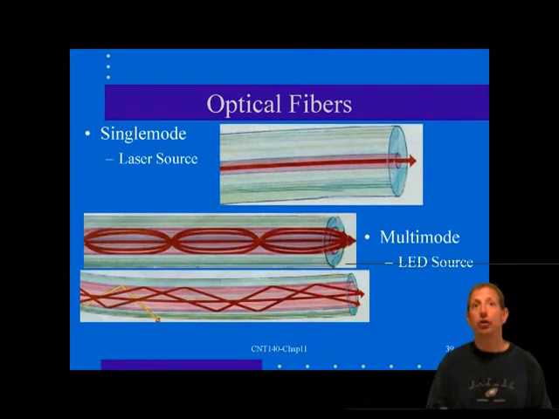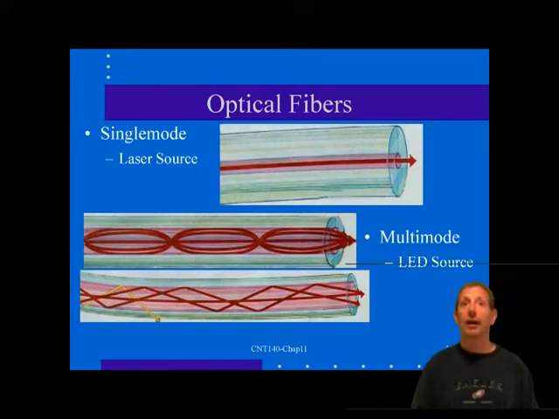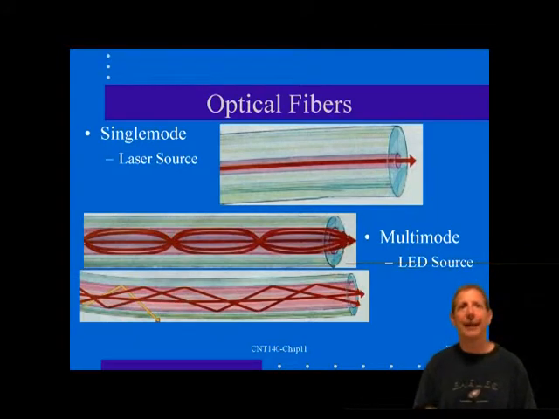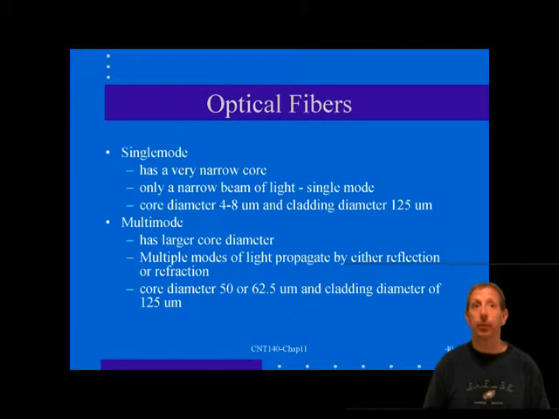Multi-mode fiber used for LANs has a relatively large core that is either 50 or 62.5 µm in diameter, again surrounded by a cladding of 125 µm in diameter. Now these dimensions hold for most LAN and campus fiber that's currently in use, although a variety of other types are available for other applications.